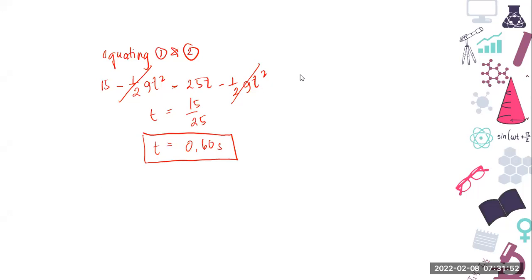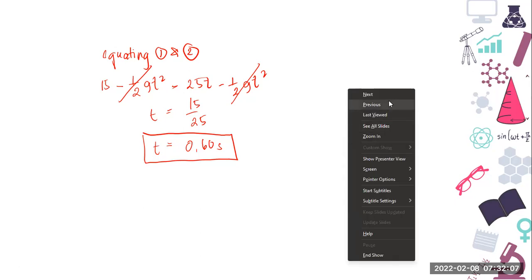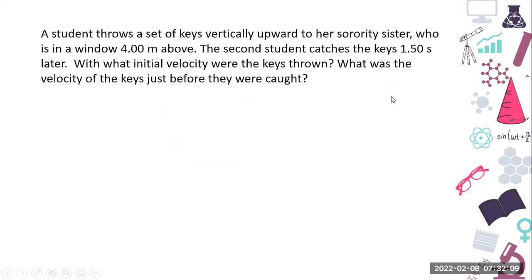Okay, so let's go to the third one. These are all applications of the kinematics equations, both for horizontal and vertical. So the next one. Okay, this is the key problem, wherein a student throws a set of keys vertically upward to her sorority sister, who is in a window 4 meters above.